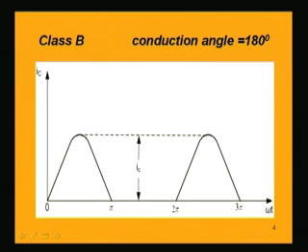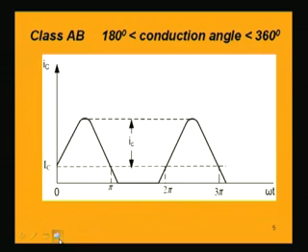From 0 to pi the conduction takes place, and from pi to 2 pi the conduction does not take place. This is a typical example of an amplifier where the quiescent current is located at the cutoff. If we place the quiescent current here, then in the negative half cycle we enter the cutoff region, so there cannot be any current flow.